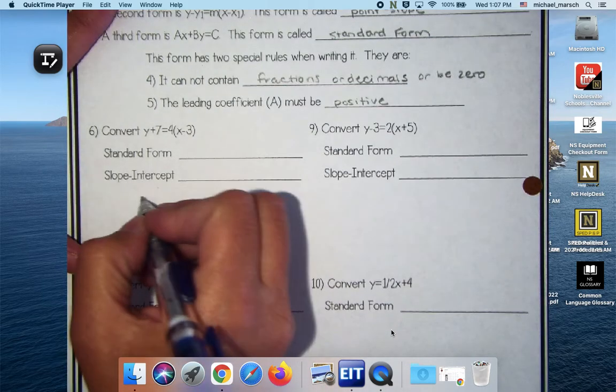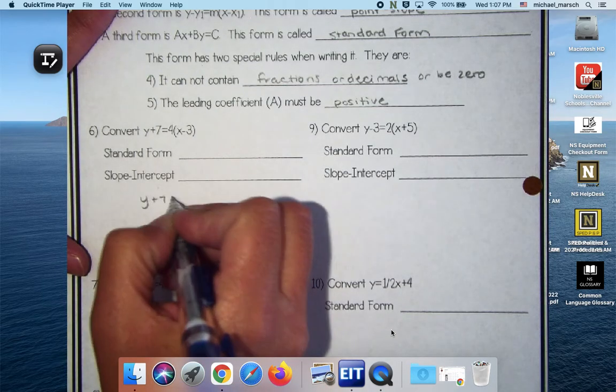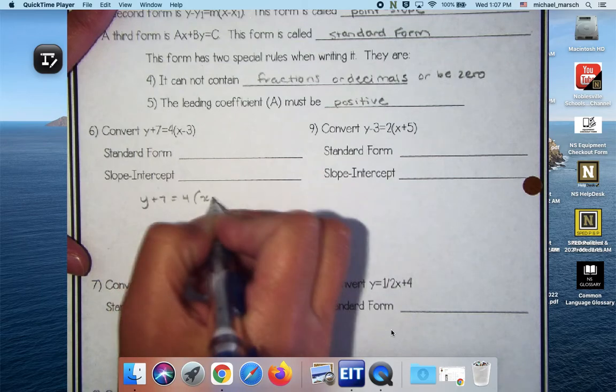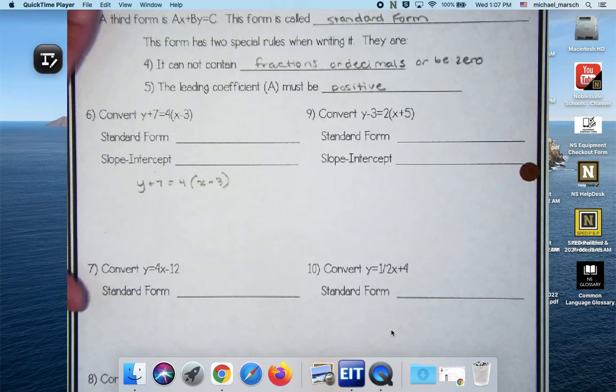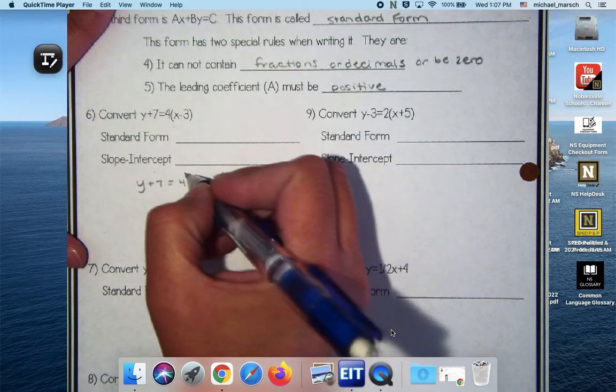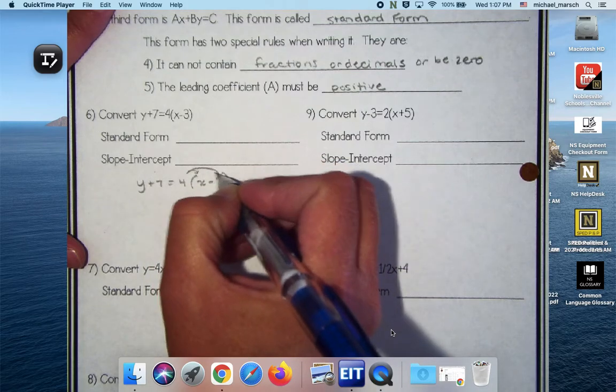Okay, so let's write this down here. y plus 7 equals 4 times the quantity x minus 3. How am I going to turn that into slope intercept form? What am I going to solve for? y. I'm going to get y by itself. So I'm going to distribute the 4.